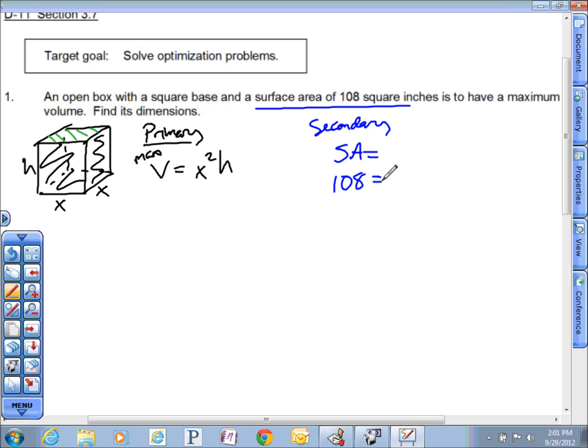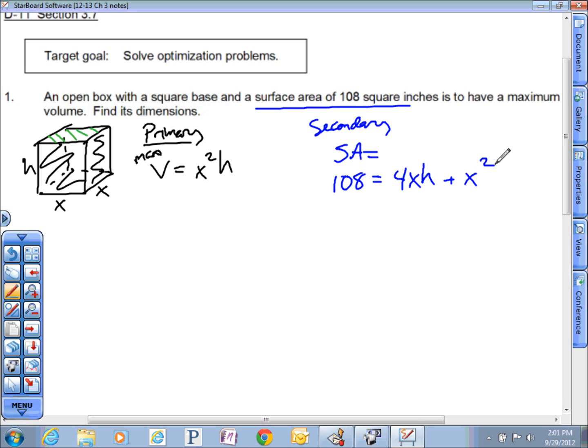Well, normally it would have 6 sides, top, bottom, left, right, front, back. Are any of them the same? Yes, 4 of them are. The front, the back, the left, and the right each have a dimension of x times h. The bottom is x squared, and remember there's only 5 sides this time. There's not a top. That top is open.